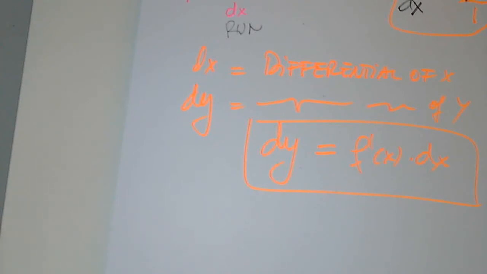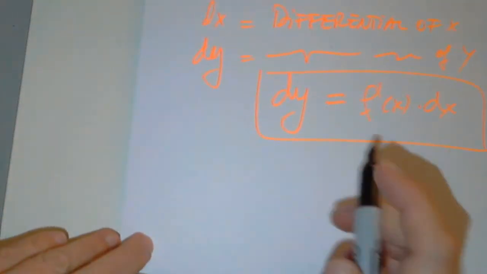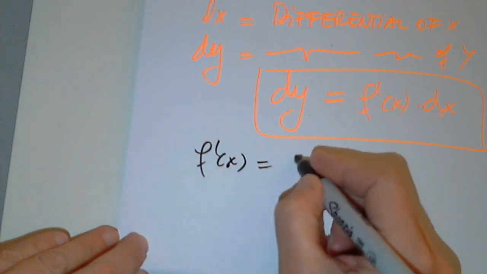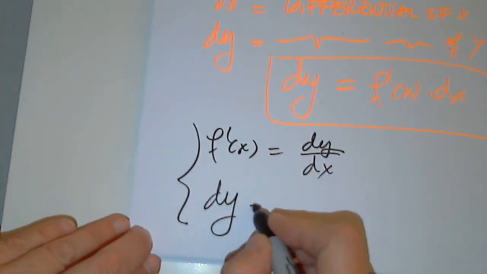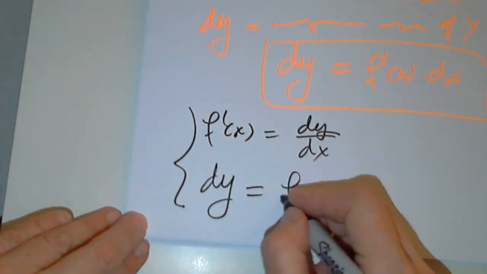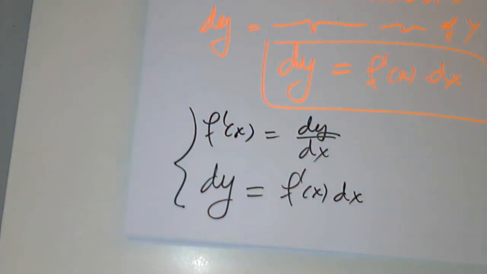So when we're asked to find f prime, then we are asked to find dy over dx. But when we are asked to find dy, we will write f prime of x dx. Do not confuse these two. They're not the same. The first one is a derivative function. The second one is the differential of y.